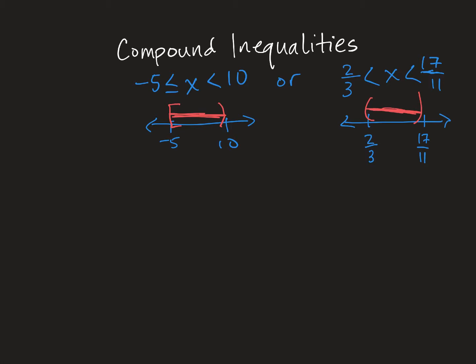And so the interval notation that we might use to represent those two inequalities would be on the left, everything from -5 with a square bracket up to 10 with a parenthesis, or on the right, parenthesis 2/3, comma, up to 17/11, close parenthesis. Okay? So these are actually a little more intuitively true than the ones that continue on unbounded to positive infinity or negative infinity. There's very little question about whether we should be using parentheses or square brackets.